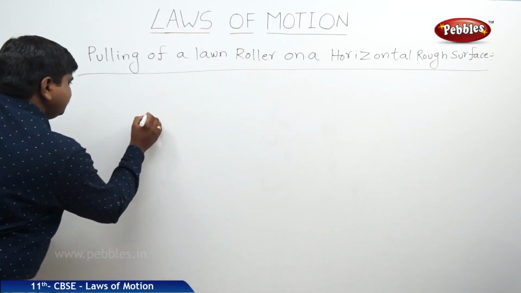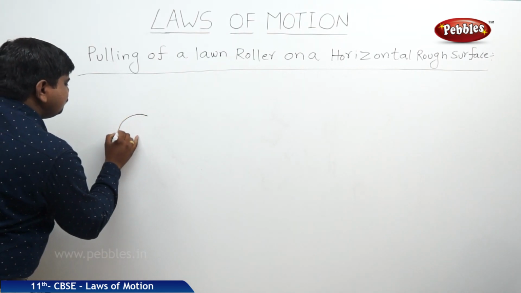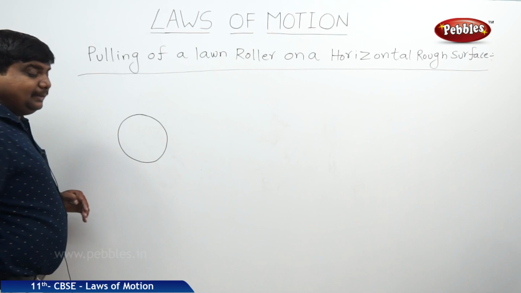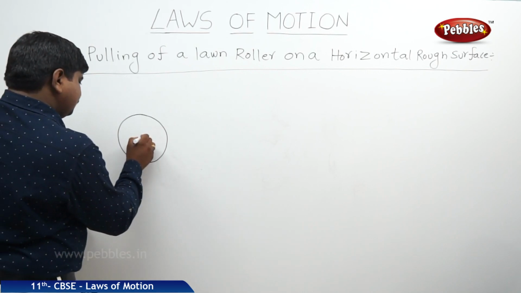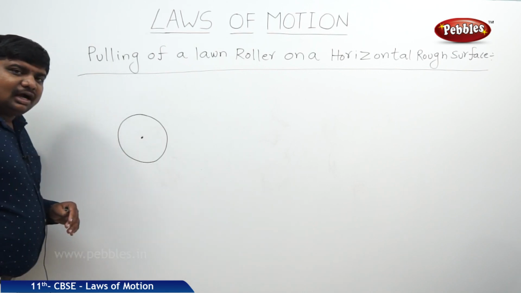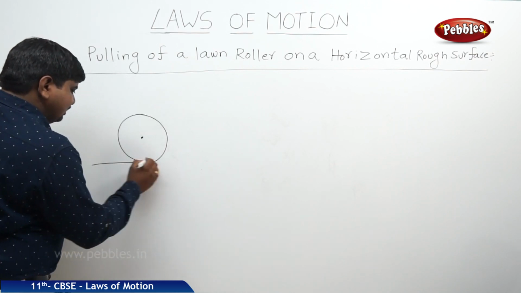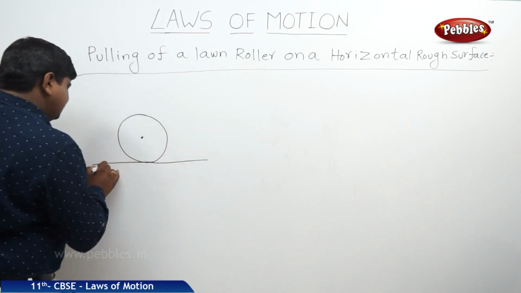So what is the free body diagram of this pulling? This is the wheel of the land roller being pulled. This is the central part of the land roller circular drum, which is placed on a horizontal rough surface.